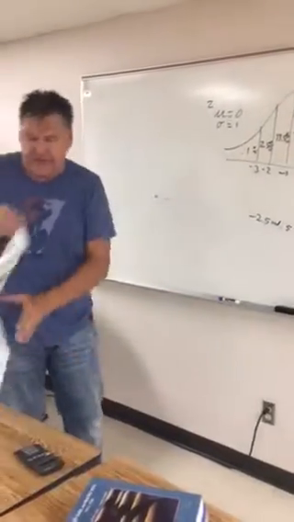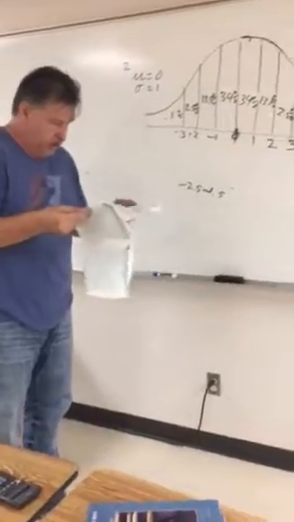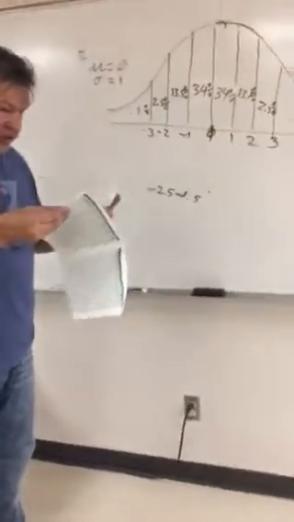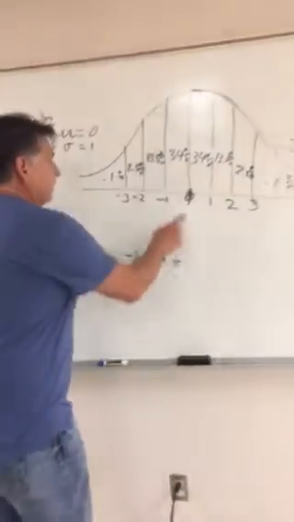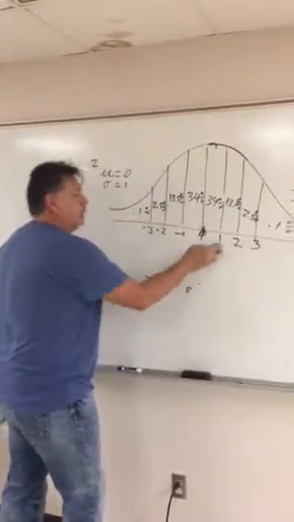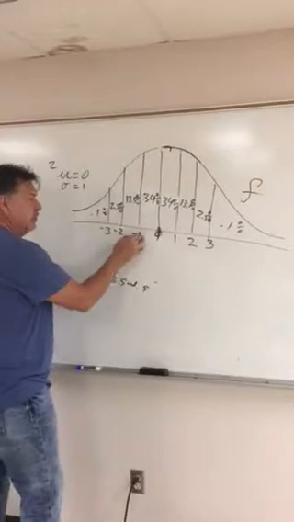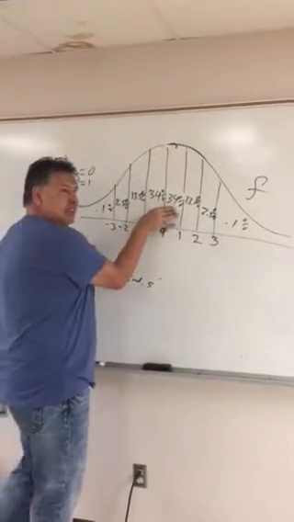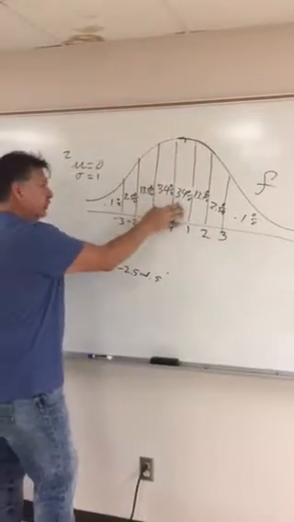In the Z-chart, it will look just like this. So this should be in your book. It's in the back of your book, and it gives you Z values. Now think of a Z value as a standard deviation. So these are standard deviations. I've got one standard deviation from the mean. If I say plus and minus one standard deviation, that encompasses 68% of the area under this normal curve.